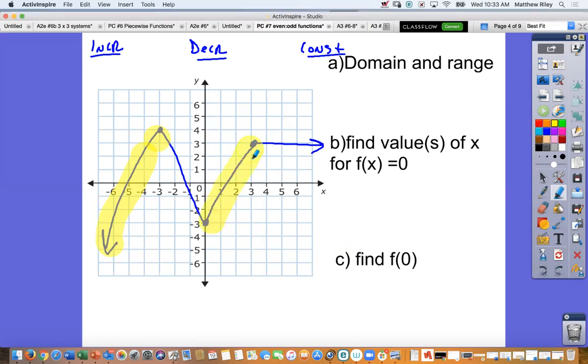Exactly. So those are my increasing intervals. Again, what makes it increasing? The fact that it's going up from left to right. Now the arrows are what makes that confusing. But so it's increasing on this interval. So what's the left side of that first interval going to be?